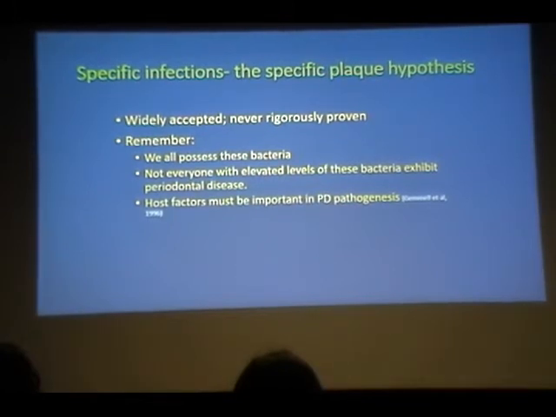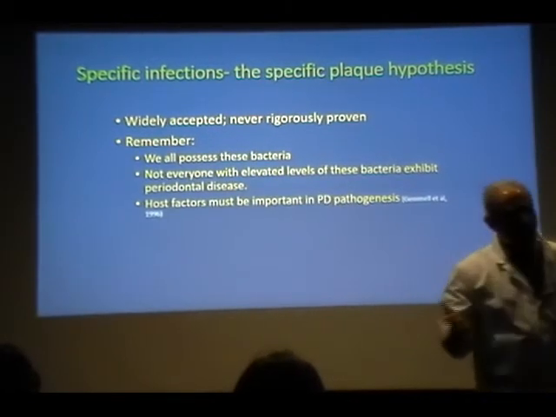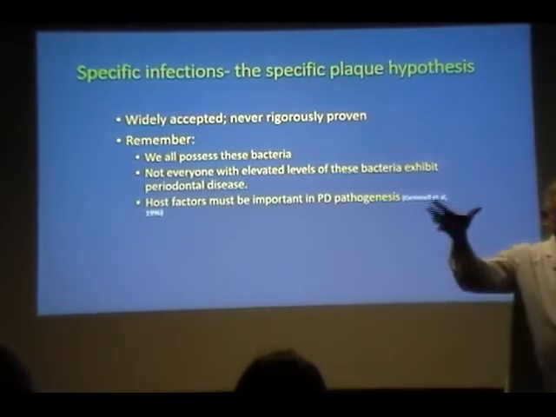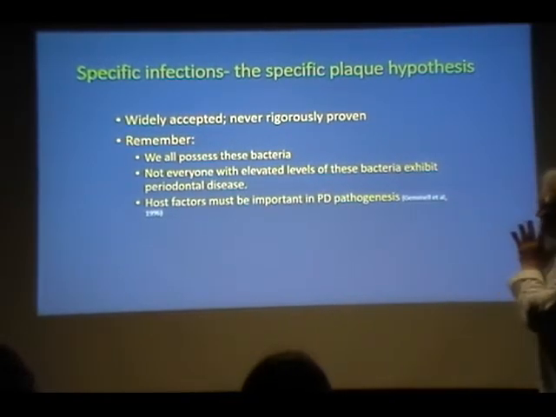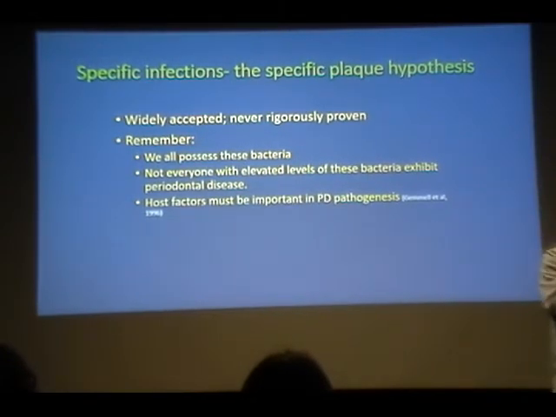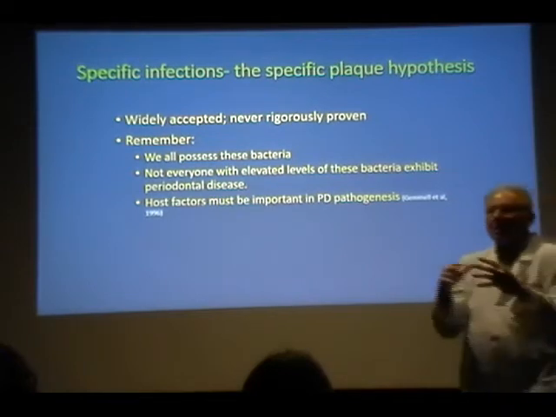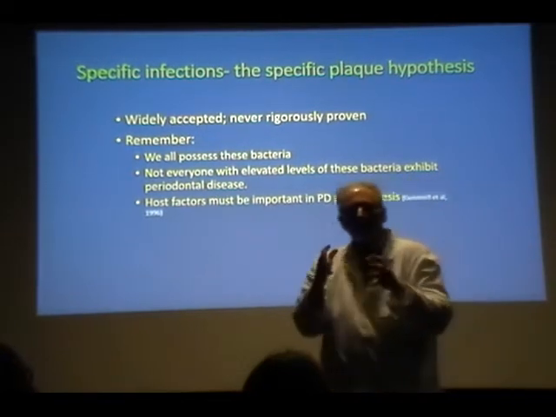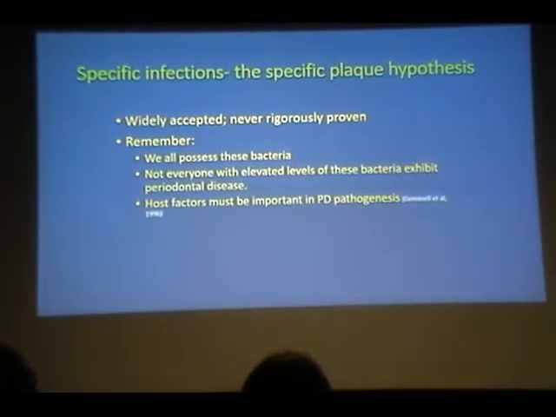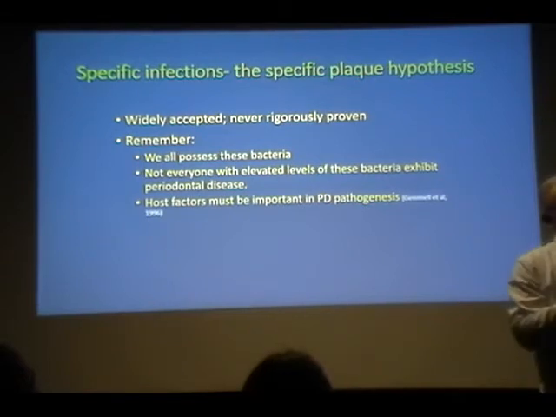Okay, a little bit about the specific infections and specific plaque hypothesis. So there's been a long-going debate in the 20th century, it continues to today, about the specific versus non-specific plaque hypothesis. And what they mean about a specific plaque hypothesis is that the commensal microflora that makes up that plaque is unique. It's like a signature microflora that's associated with periodontal disease.